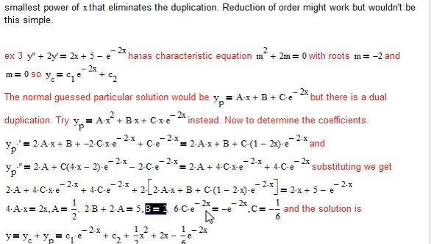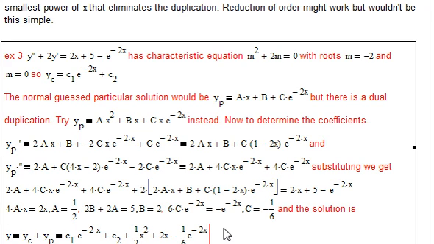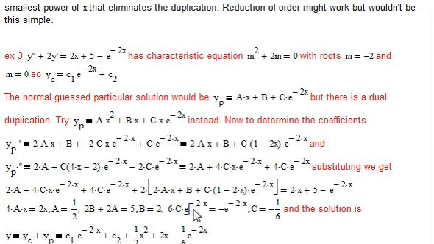So now let's look at the terms with e to the negative 2x in them. Well, we got 4c e to the negative 2x, and then plus 2 times negative 1 times e to the negative 2x. So we actually wind up with 6c times e to the negative 2x, and on the right hand side that's going to be negative 1 e to the negative 2x, so c equals negative 1/6.